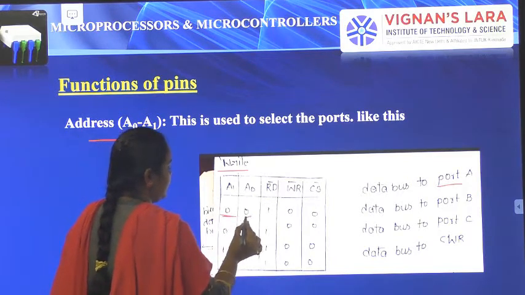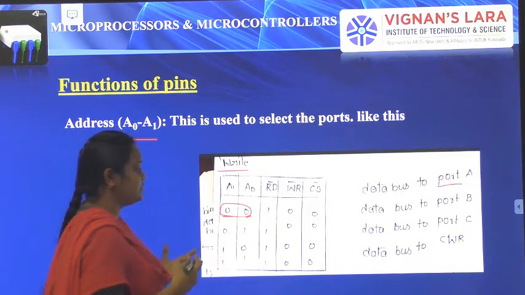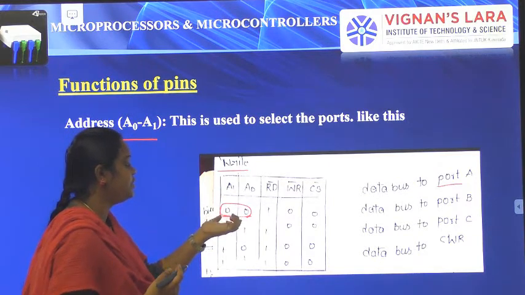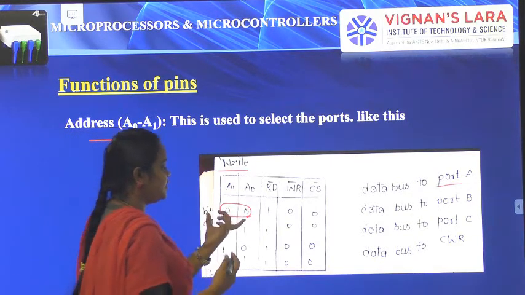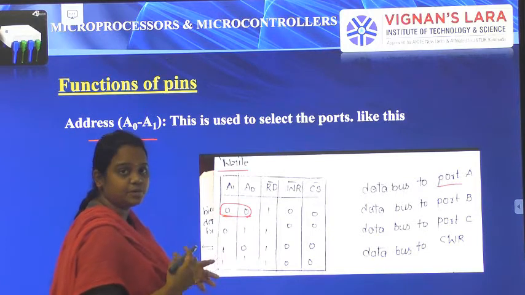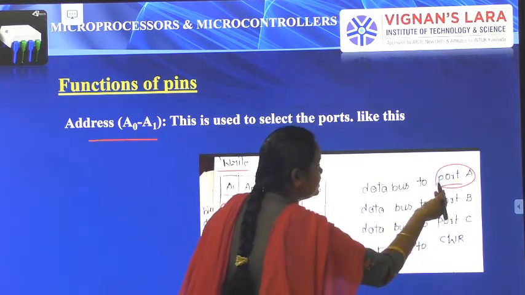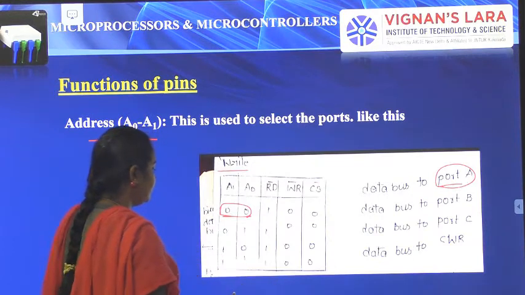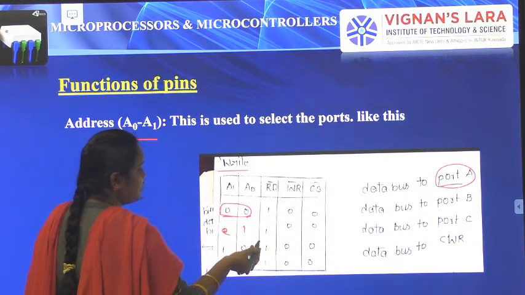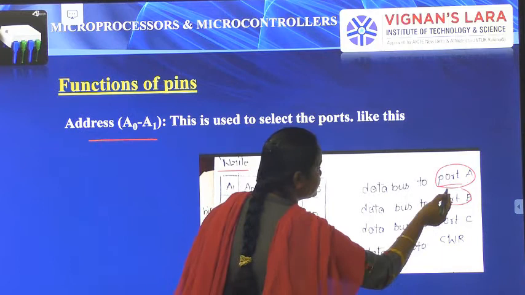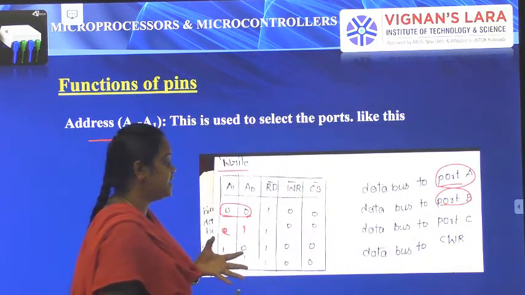Whenever A1 is 0 and A0 is 0, it carries the information to port A, so port A is handling the system bus, and whenever the logic is 0, 1, port B is handling the system bus.